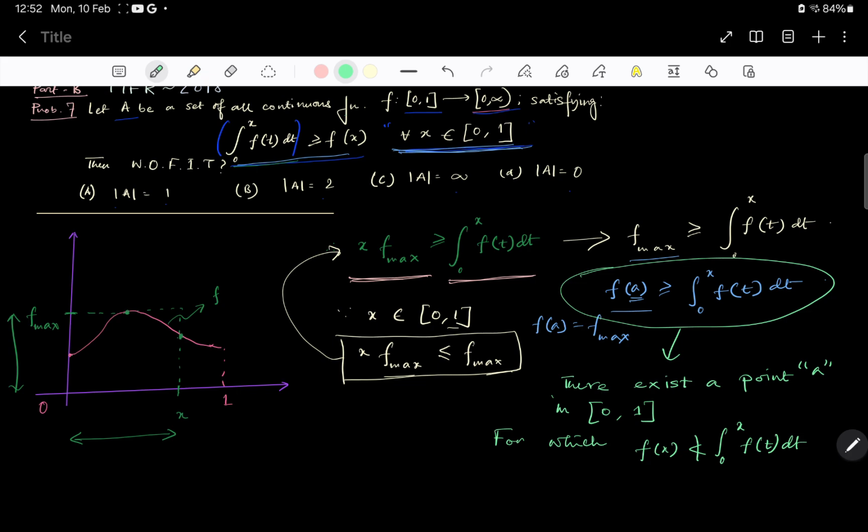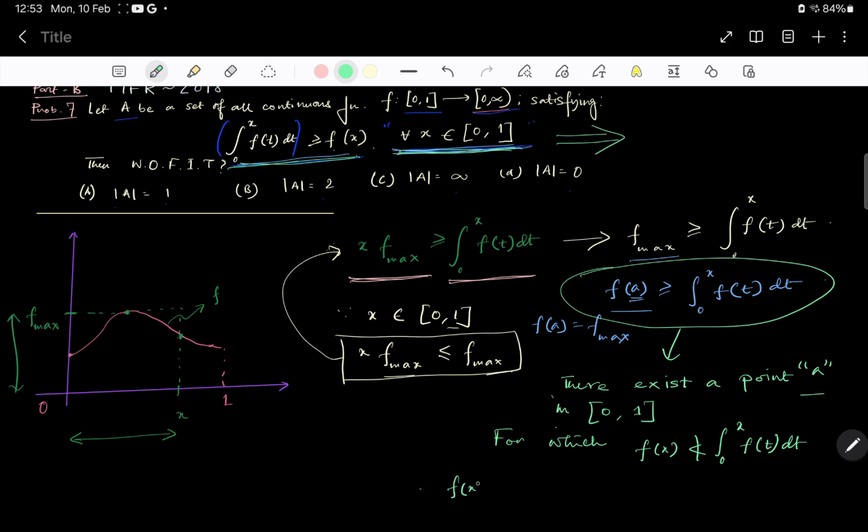In easier words, if this equality sign was absent in this expression, then this statement would be false. But since there is another option of equality, we must say that for all x belonging to 0 and 1, I'm sorry, both the two sides will be equal.